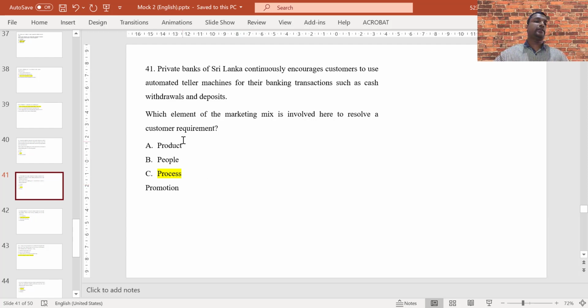There are 4 answers given: product, people, process, and promotion. So banks are asking and encouraging customers to use the teller machines for their withdrawals and deposits. So they are talking about a certain aspect of their product or service. Let's look at how this is explained.